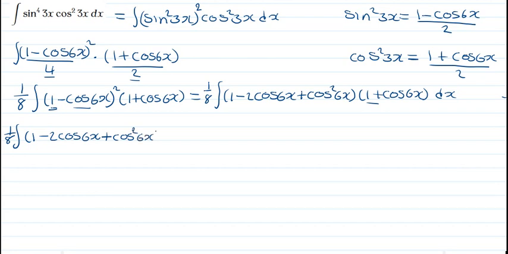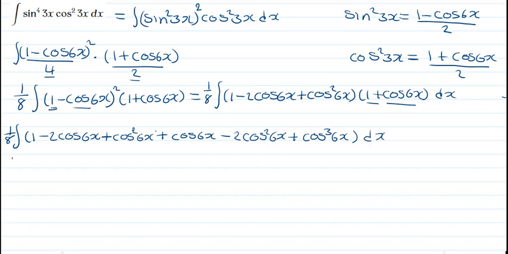So you multiply cos 6x by everything here, we are going to get plus cos 6x minus 2 cos squared 6x, from 2 cos 6x multiplied by cos 6x. Then you multiply cos 6x by cos squared 6x, we're going to get plus cos cubed 6x dx.